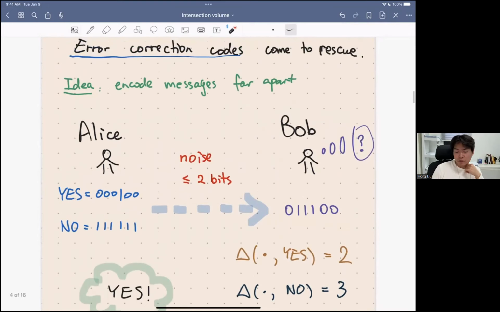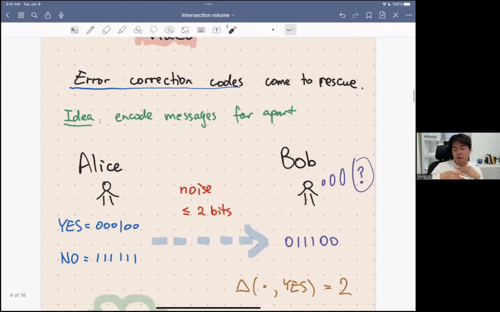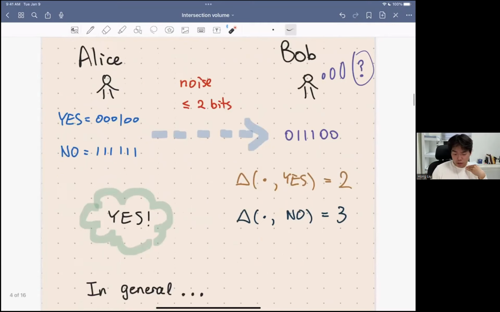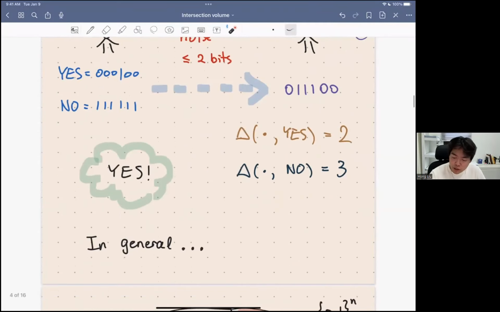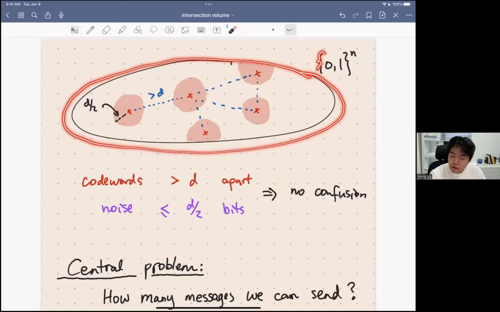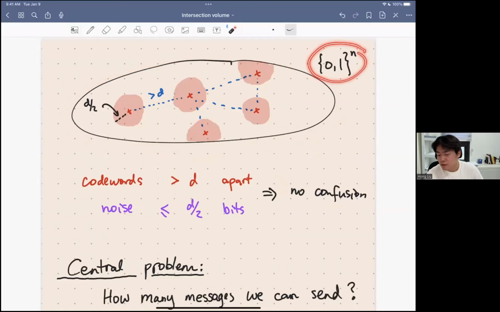So in general, how information theorists deal with these corruptions during transmission is to encode the messages as code words. Here we are in high dimension. We have all these length n binary strings that we can use. We use the red crosses to represent our messages, which are the so-called code words.